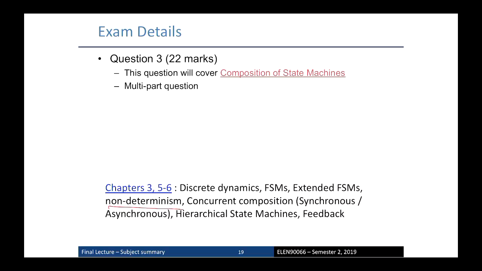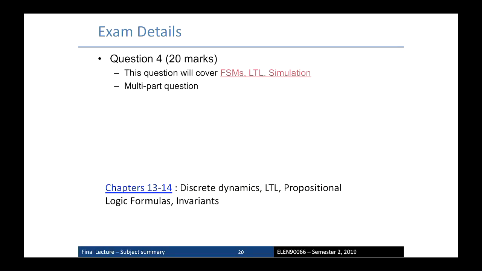Is there anything else I can add about this one? No. Maybe this one. Right, so this is the other big question, and it's on FSMs again, funny, but it also looks at LTL and simulations.